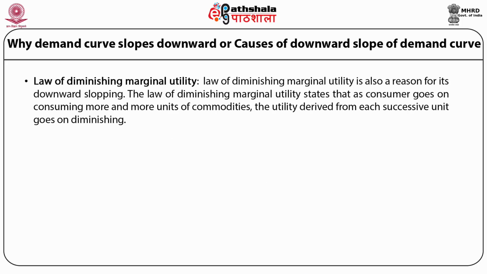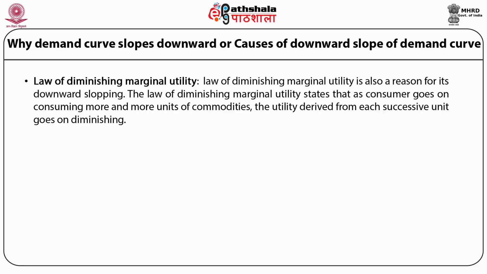Law of diminishing marginal utility is also a reason for its downward slope. The law of diminishing marginal utility states that as a consumer goes on consuming more and more units of a commodity, the utility derived from each successive unit goes on diminishing.